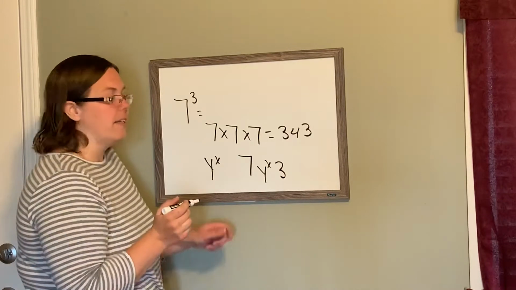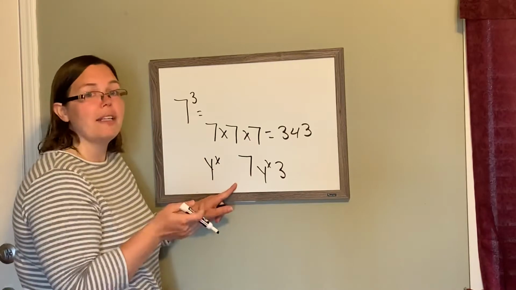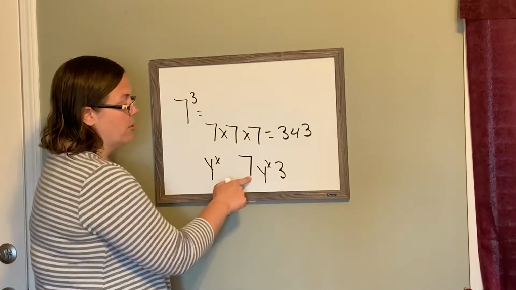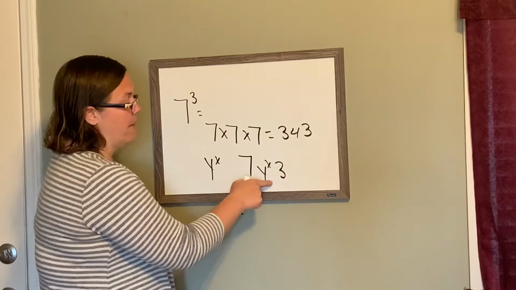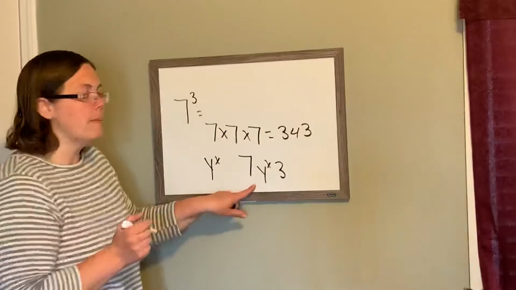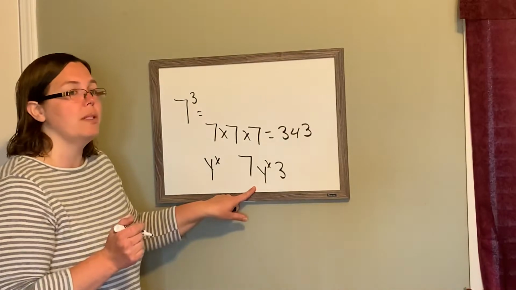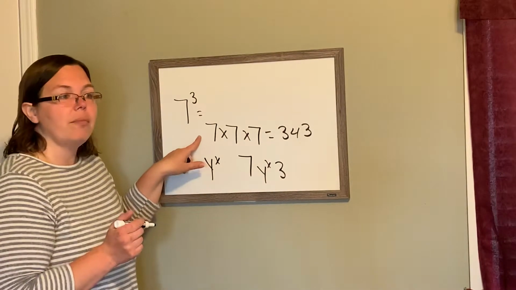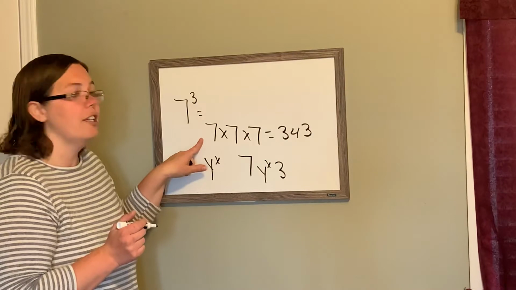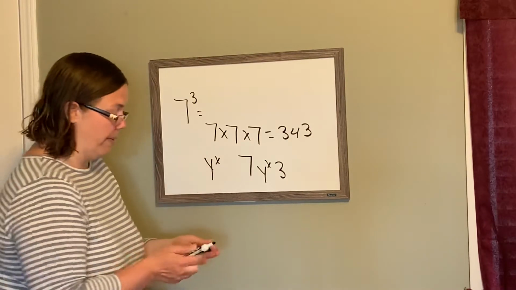And what the calculator is actually doing is computing 7 times 7 times 7 by using that y to the x button. This button actually is a lot nicer if you remember to use it, because when you're doing this by hand, if you put in one too many or not enough of the 7s, then your answer is incorrect.